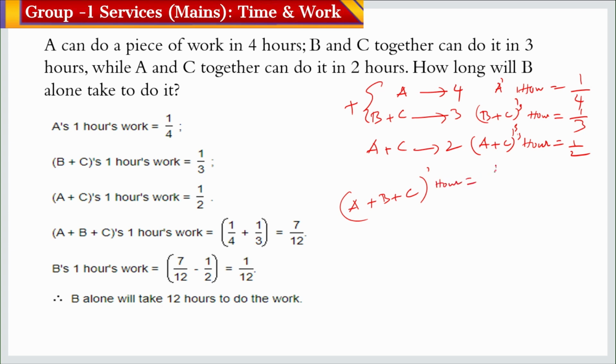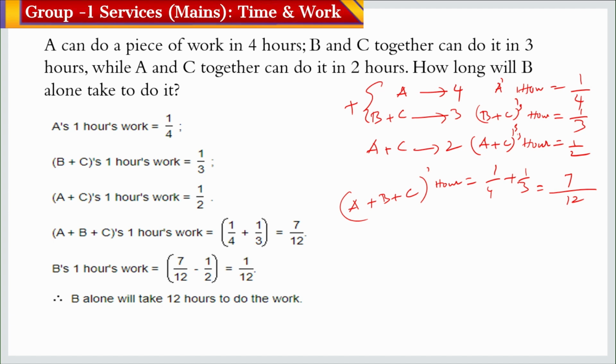Simply 1 by 4 plus 1 by 3; LCM is 12, and we get 7. A plus B plus C can do the work in 1 hour: 7 by 12.